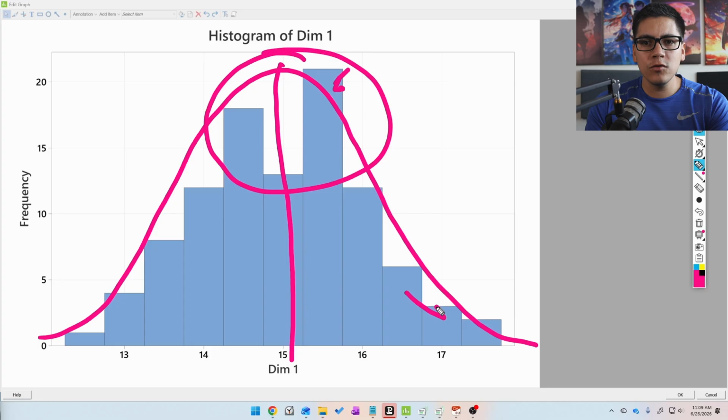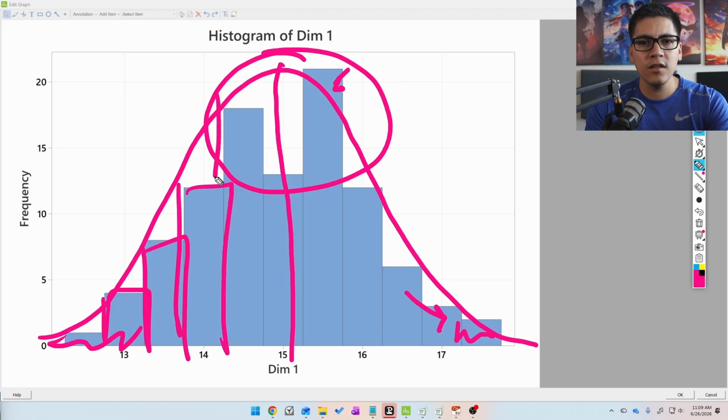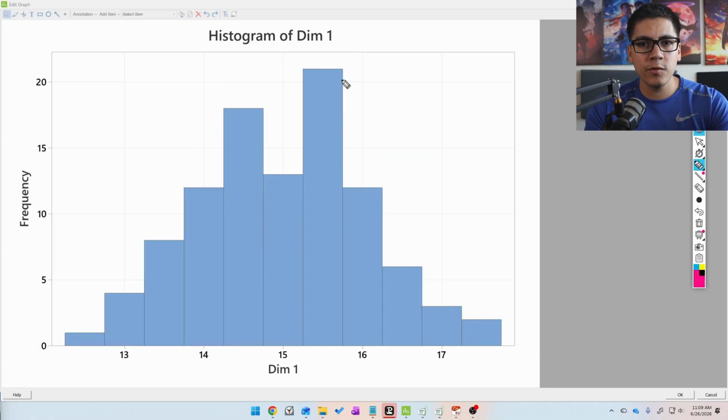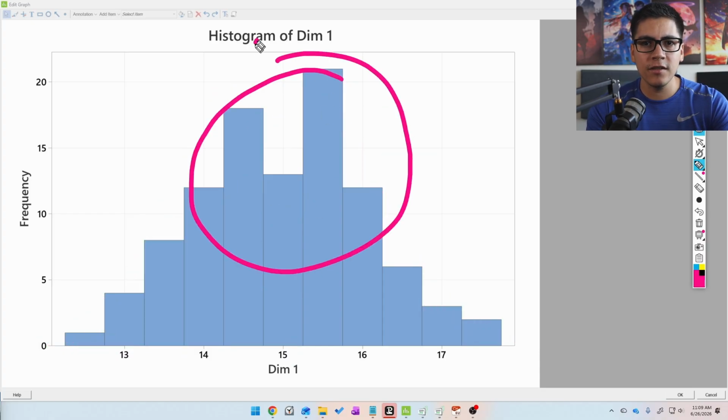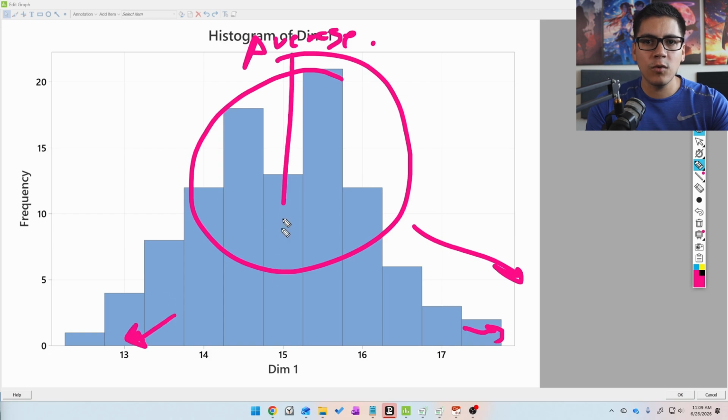And as I get closer to the edges, I get less data. The blue bars here correspond to how many times or the frequency of a particular measurement result. So most of my measurement results are contained near the average of my data, with a couple of key stragglers toward the right side and toward the left side, roughly being symmetrical in shape.